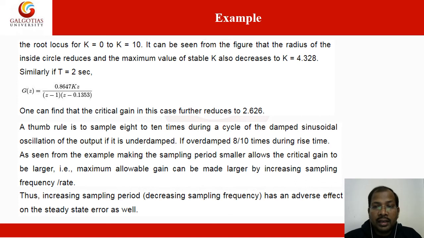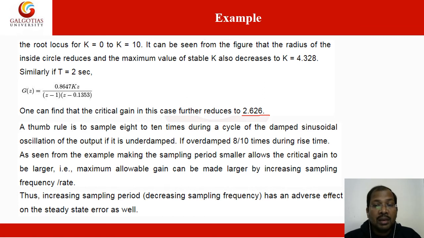If we increase the sampling time to 1 second, we get 4 point something. For 2 seconds, we get 2.628. In this way we can see, if we increase the sampling time, the stability of the system is going to decrease.